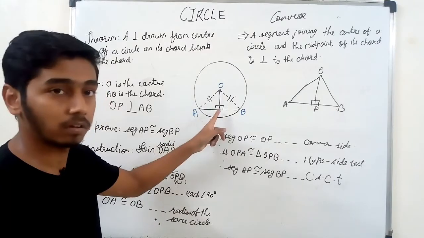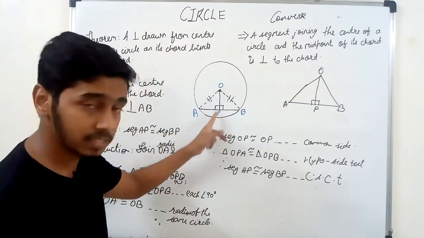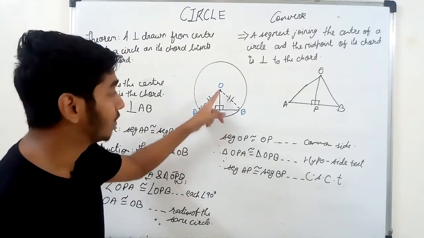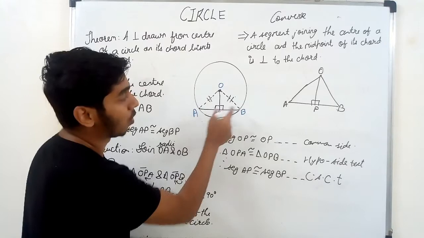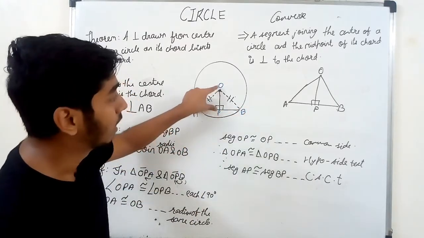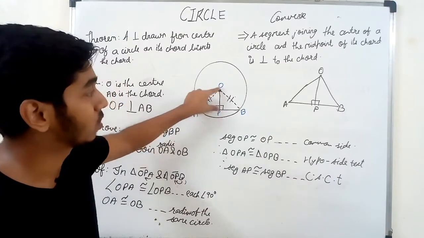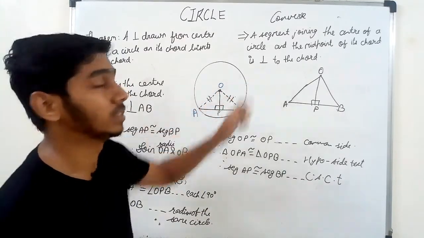If you draw a segment from the center in such a way that it divides the chord into equal parts, then this segment is perpendicular to the chord. That's what the converse says.